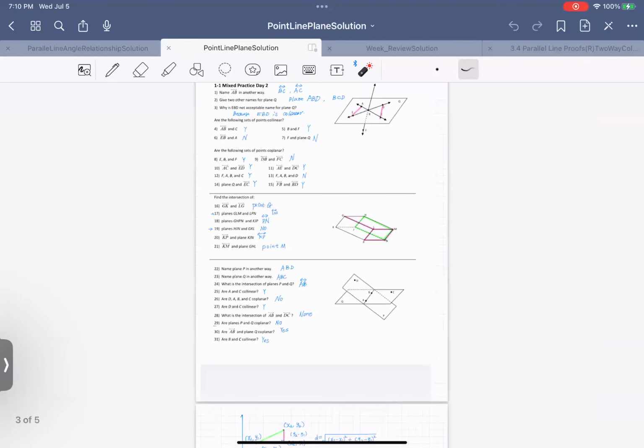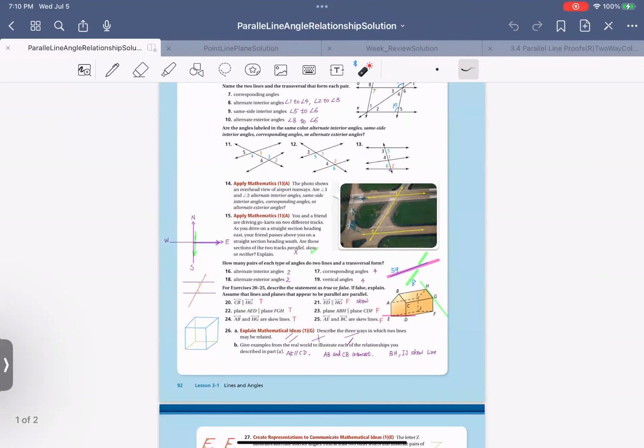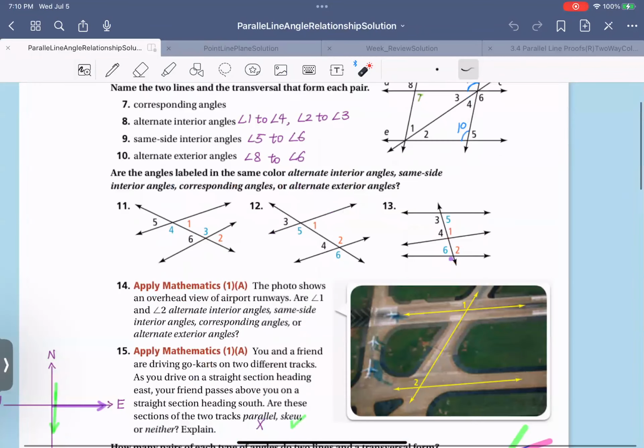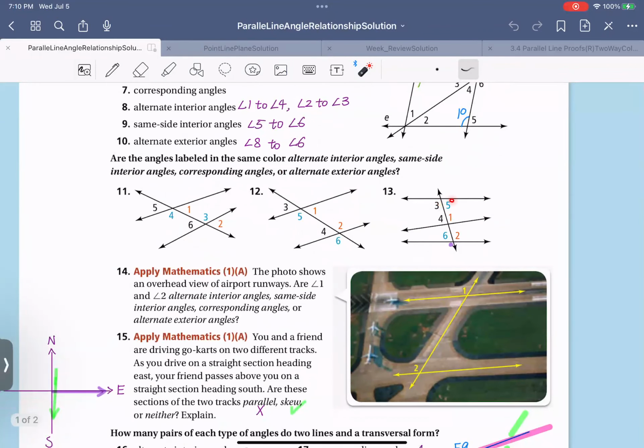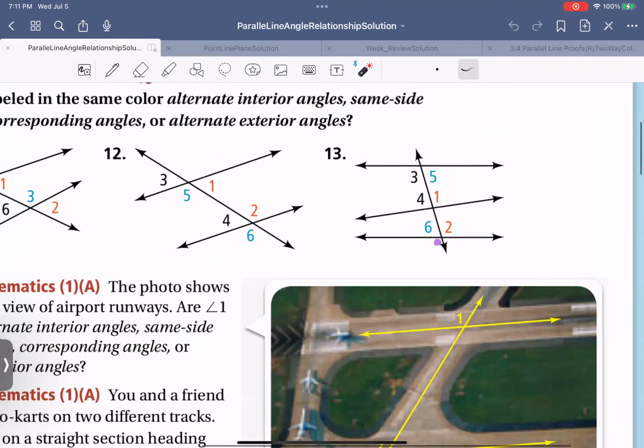So come back to this. Make sure you know this angle and this angle are called corresponding. This is corresponding. If you see here and here, look at here. First thing is alternate. Second thing is within these two lines. So this is called alternate interior.